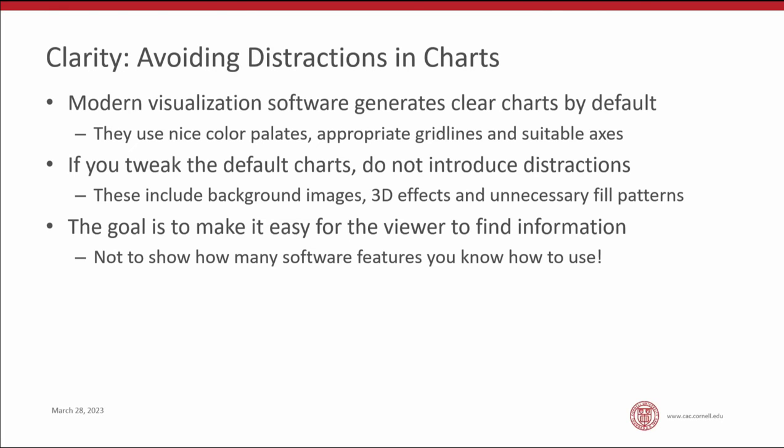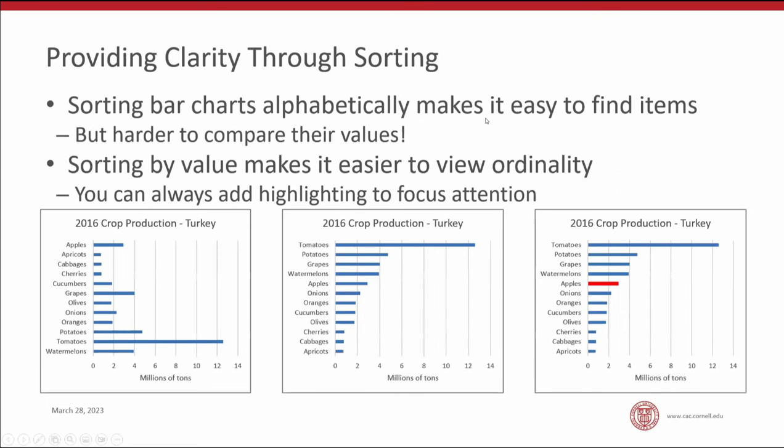The viewer's brain sees these things, and before they can move on to understanding the chart, they try to make sense of them. Is this important? Do I need to worry about this? The absence of all of those distractions is much better than making something look cool because you know how to do it. It's more about the information. If you simplify it, clarify it, then you'll be able to focus the viewer's attention on certain things. And we'll talk about that shortly.